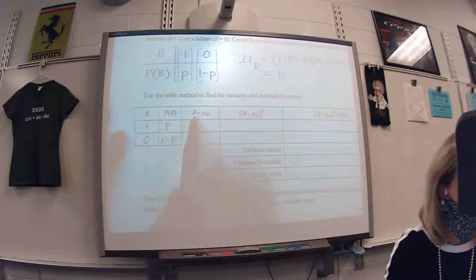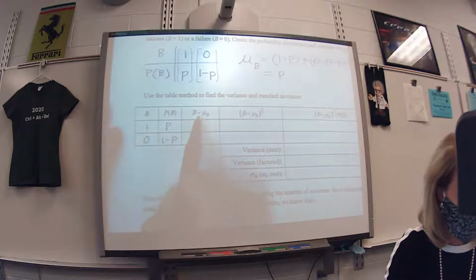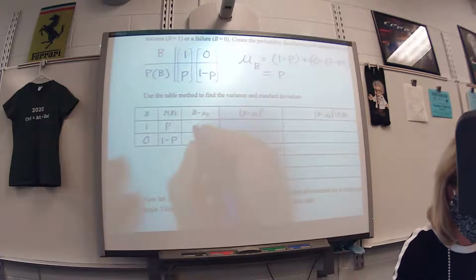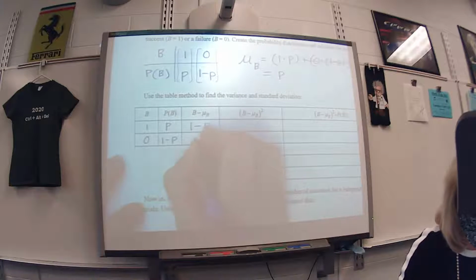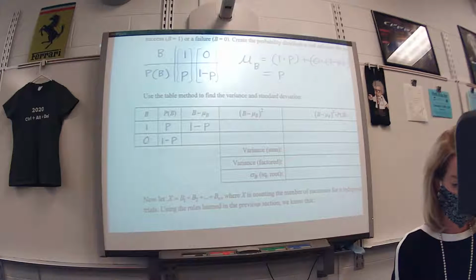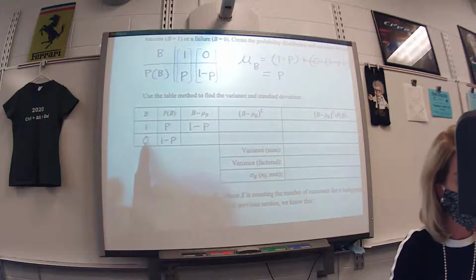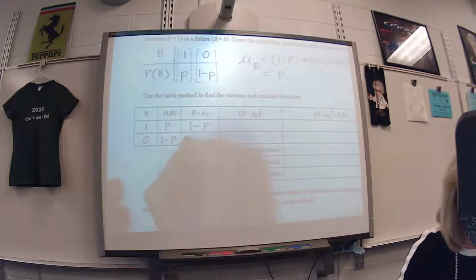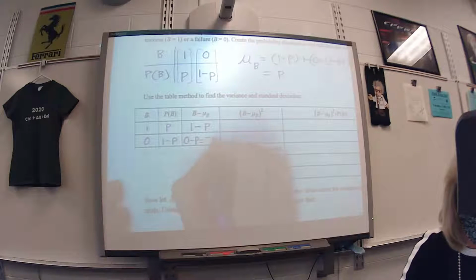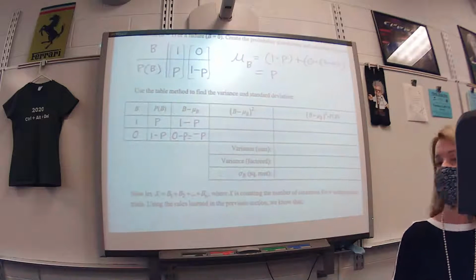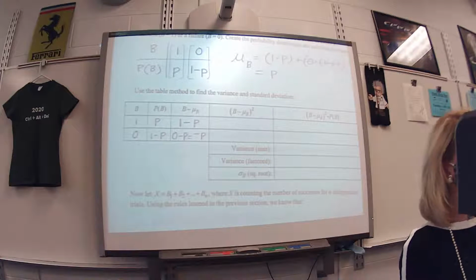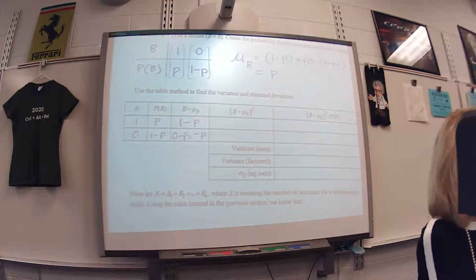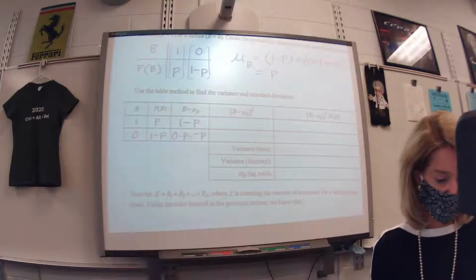Okay, so I need to do whatever's in the B column, 1 minus the mu that I just calculated to be P. So this is going to be 1 minus P. And then the next one's going to be 0 minus P, which of course is negative P. And then the rule is you have to square those things.